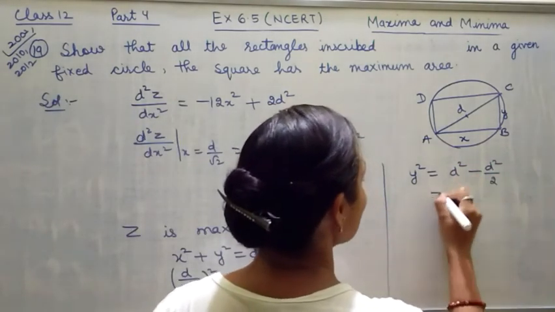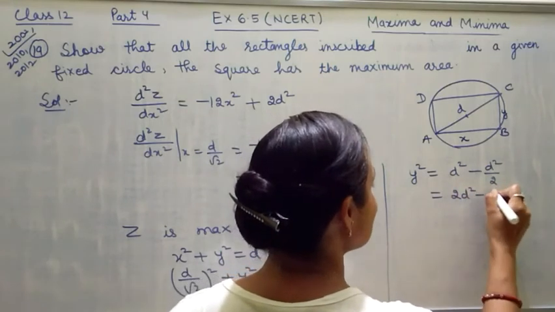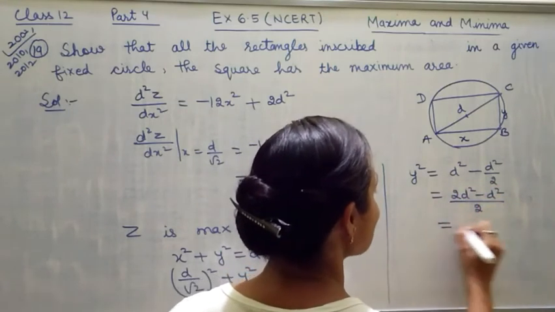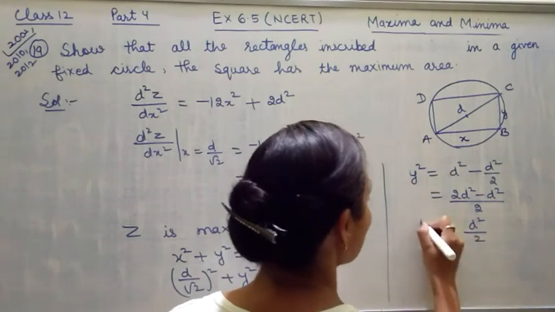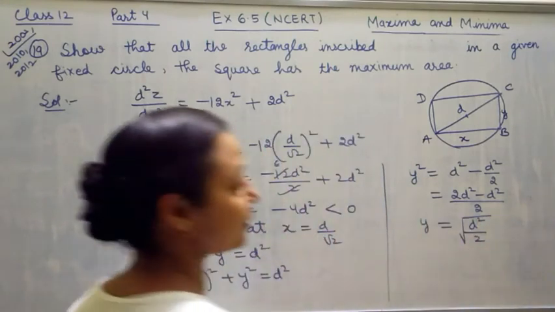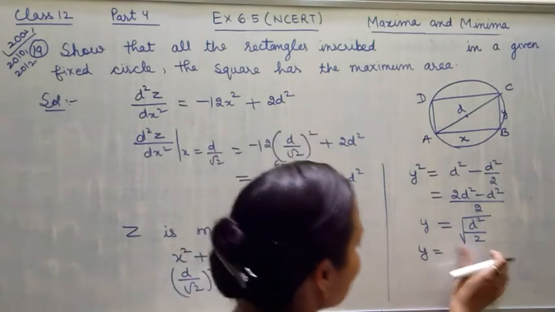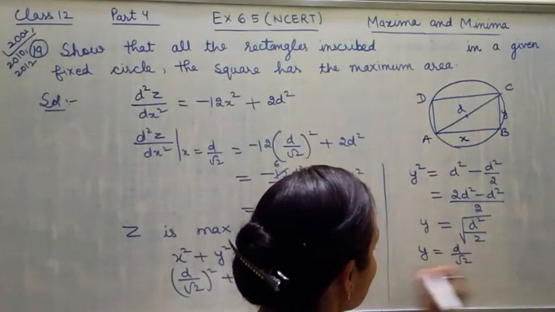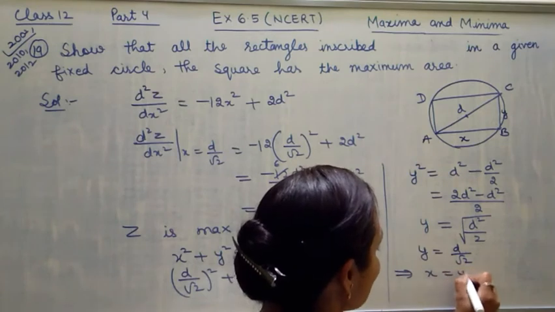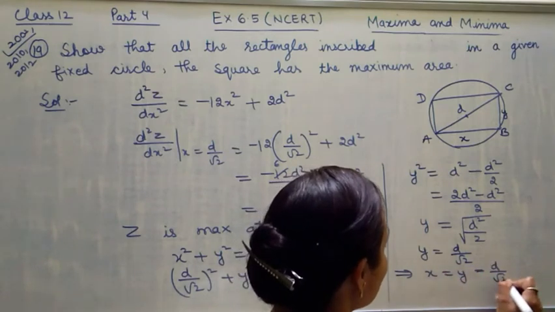Take the LCM, 2d square minus d square by 2, and it will equal d square by 2. Taking the root, y is equal to again d by root 2. This implies x is equal to y, both are equal to d by root 2.